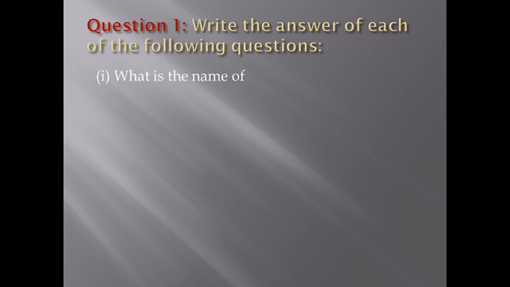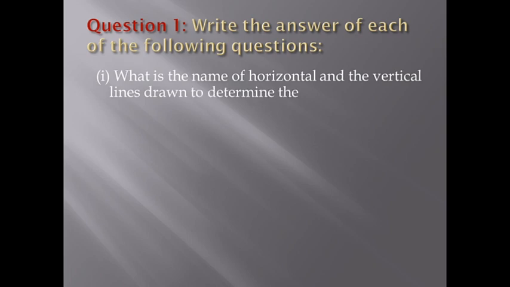What is the name of the horizontal and the vertical lines drawn to determine the position of any point in the Cartesian plane? In the introduction part I explained to you what the horizontal and vertical lines are and what we call them.